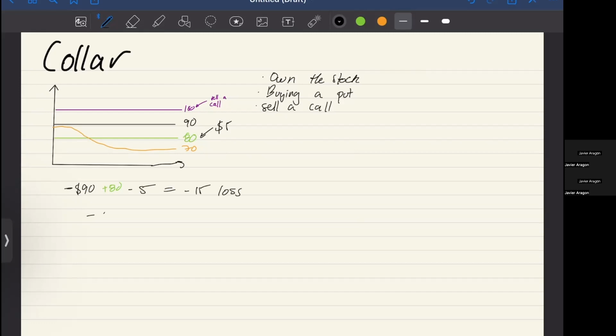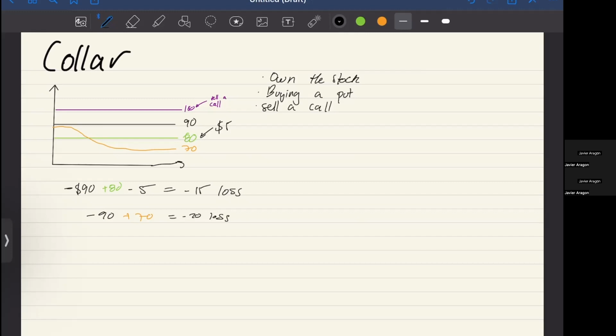You would have had to sell at 70, which means you had a $20 loss. And right now you're thinking to yourself again, oh, but $5 is nothing. But in the context of 100,000 stock, that's a lot of money you're losing. So it's a bunch of money you're saving yourself in case you think your position is going to drop.